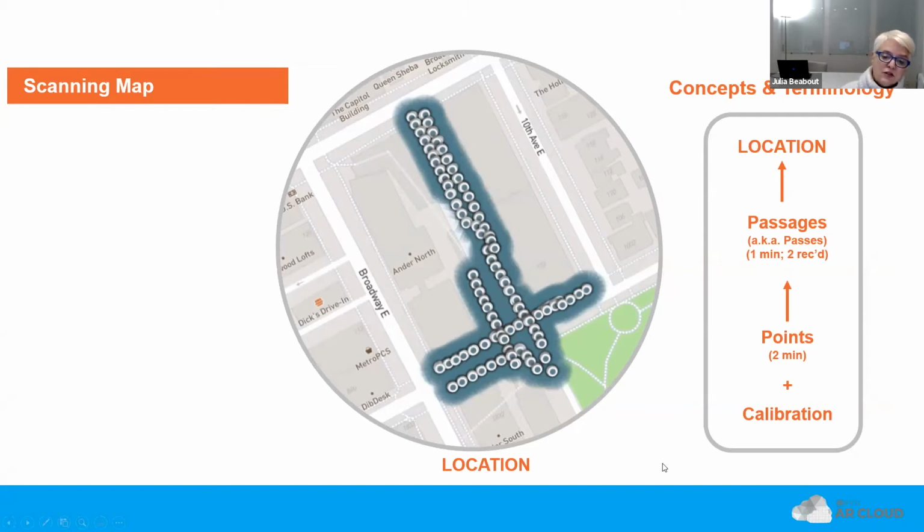The key component to realize though is that you do need a separate calibration scan to make this all work. It took me a while to understand that the calibration is not necessarily related to the location you're scanning. The sole purpose of the calibration is to get the measurement system that your phone uses aligned with the measurement system that your scanning app is using.